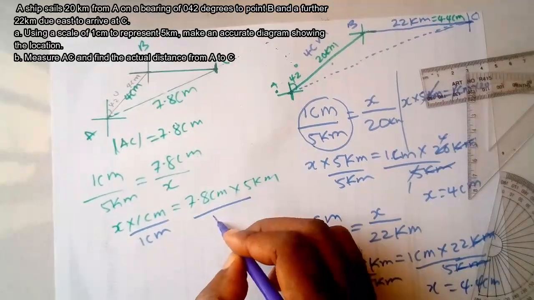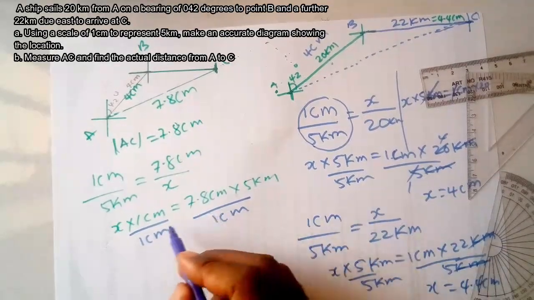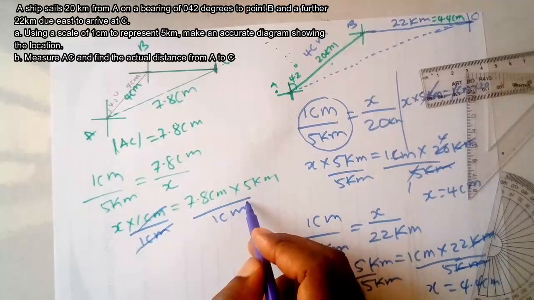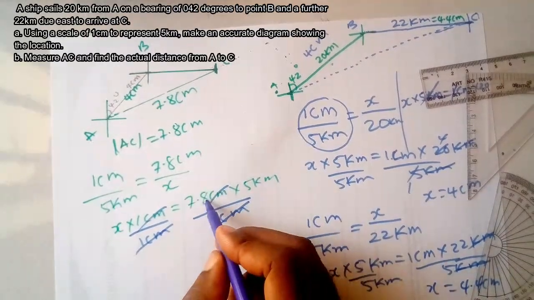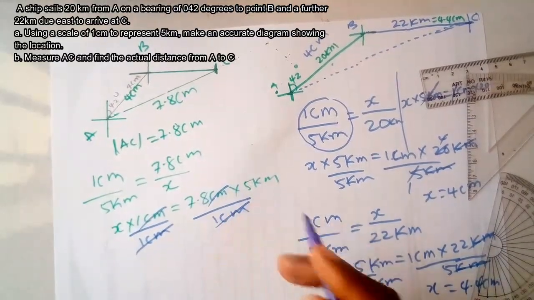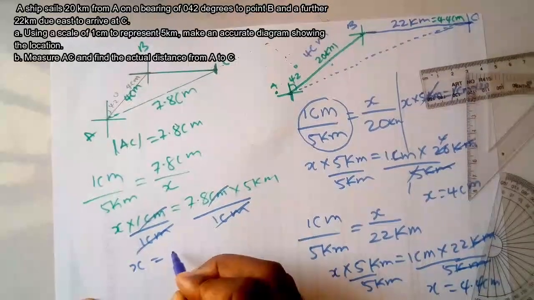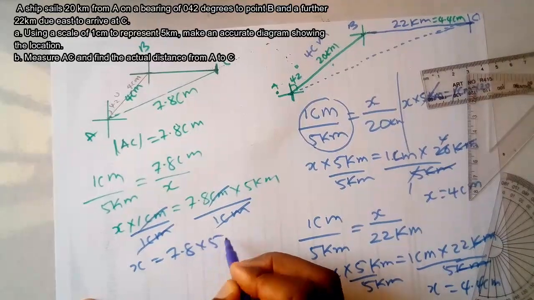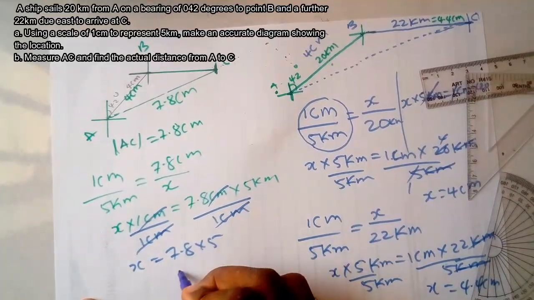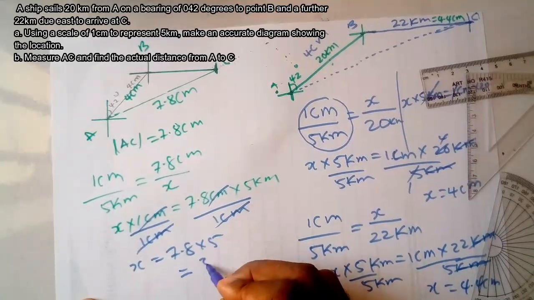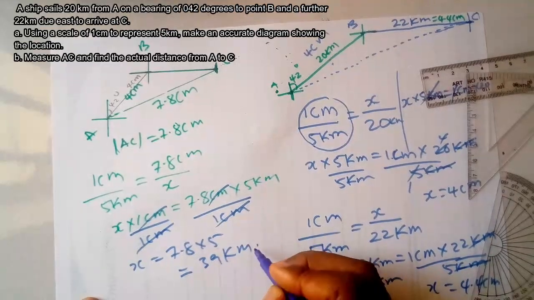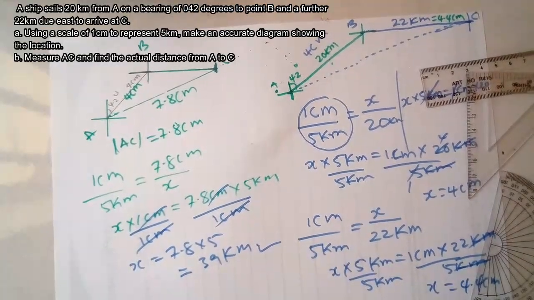Centimeter cancels centimeter. Now we have 7.8 times 5, that is 39. So x is equal to 39 kilometers. And this is real. The answer is 39 kilometers.